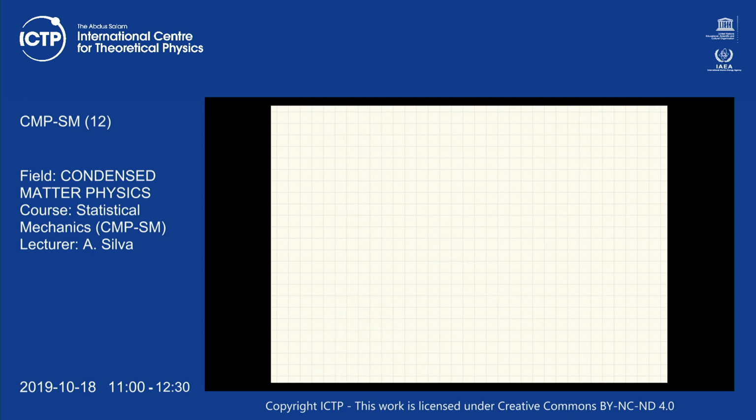All right. So now, given this, let us see another example of this transfer matrix method for the one-dimensional Potts model.